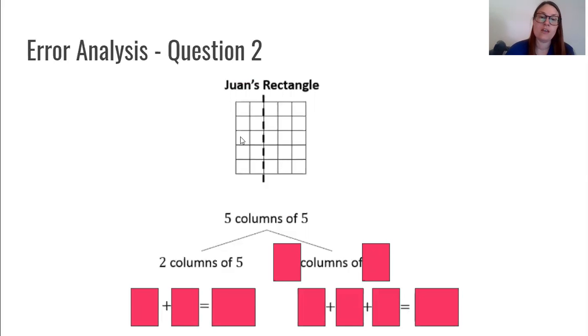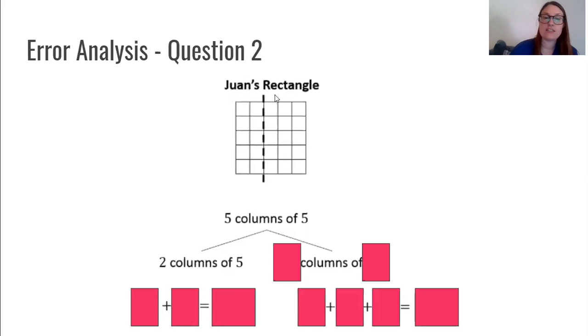And that's what Juan did here. So the original array, the whole square of squares, is 5 columns of 5. We have 1 column, 2 columns, 3 columns, 4 columns, 5 columns. And in each column, 1, 2, 3, 4, 5 squares.